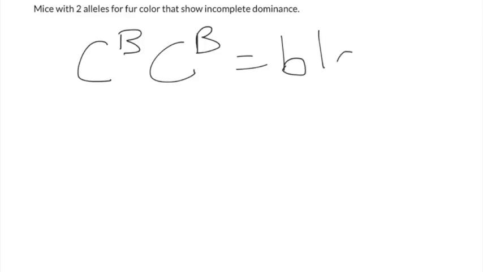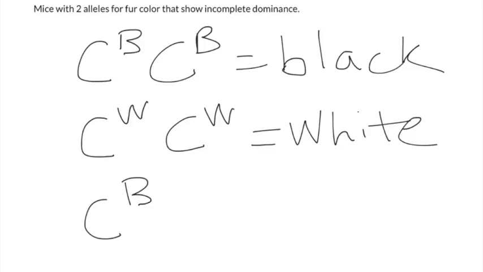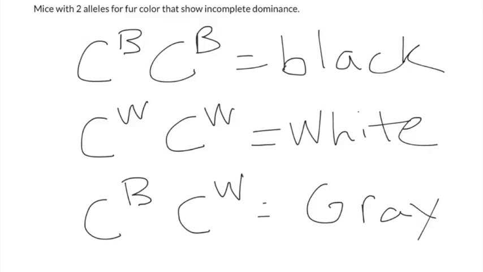To learn how to calculate allele frequency and start looking at the Hardy-Weinberg equilibrium, let's look at an example population of mice that has two alleles for fur color, CB and CW. CB would be black, CW would be white, and this gene shows incomplete dominance, so CW would be gray.